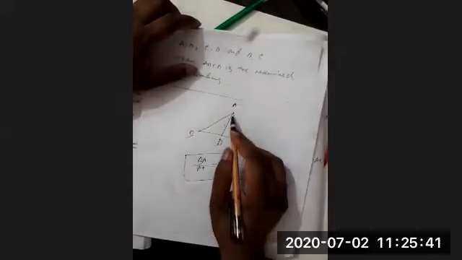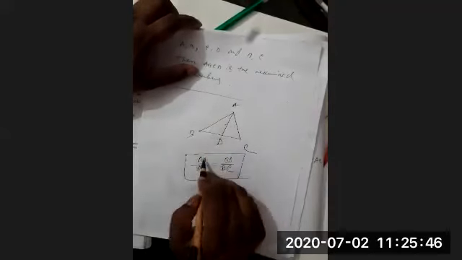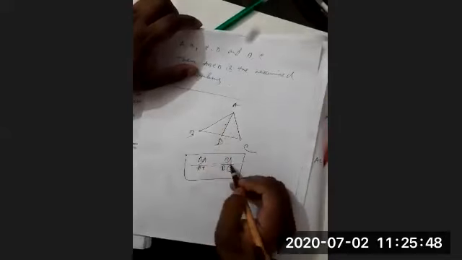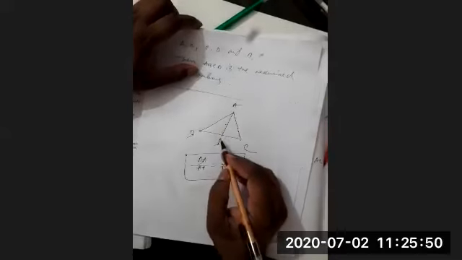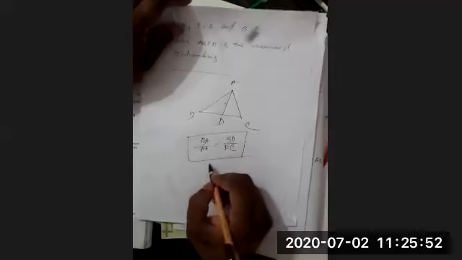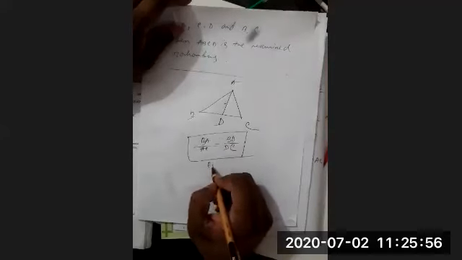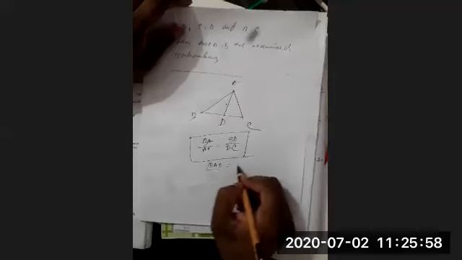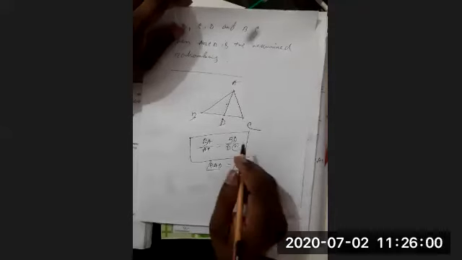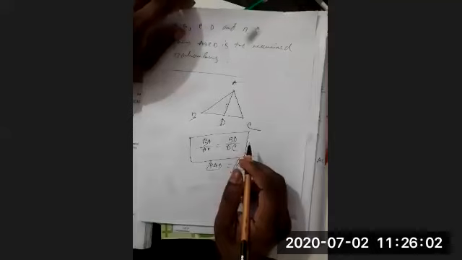In this figure, ABC is any triangle. It is a line segment which intersects the side BC such that BA by AC equals BD by DC. We have to prove that it is the bisector of angle BAC. If it is the bisector, then angle BAD equals angle CAD. We have to prove this. Hence, AD will be the bisector of angle BAC.